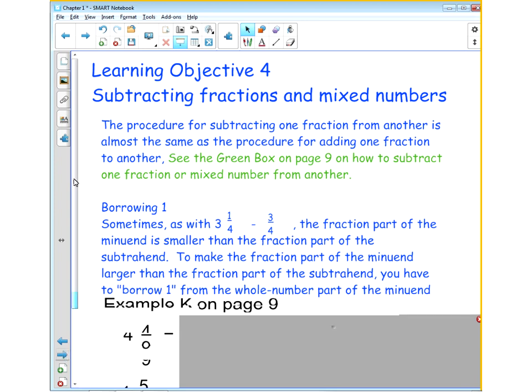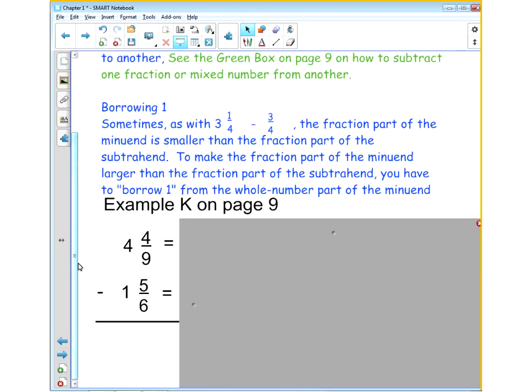Sometimes you're going to have to borrow, just like you do in regular subtraction of whole numbers. For example, if you were trying to subtract 3/4 from 3 1/4, the fraction part 3/4 is larger than the 1/4, so you couldn't subtract. You're going to have to borrow 1 from the 3.